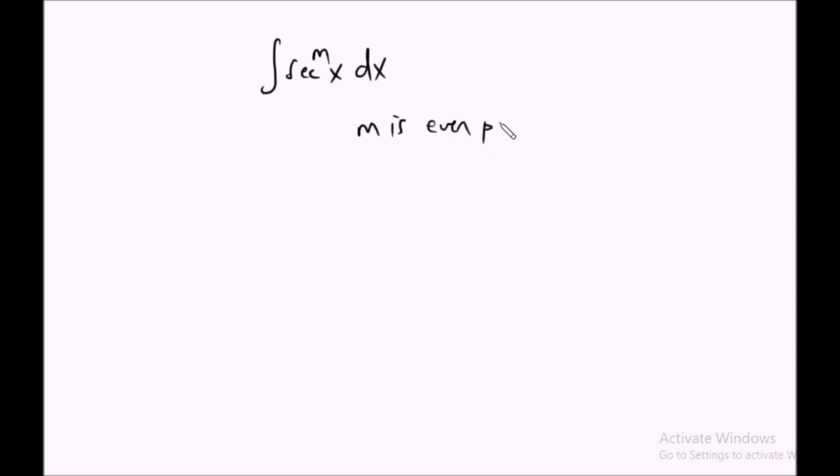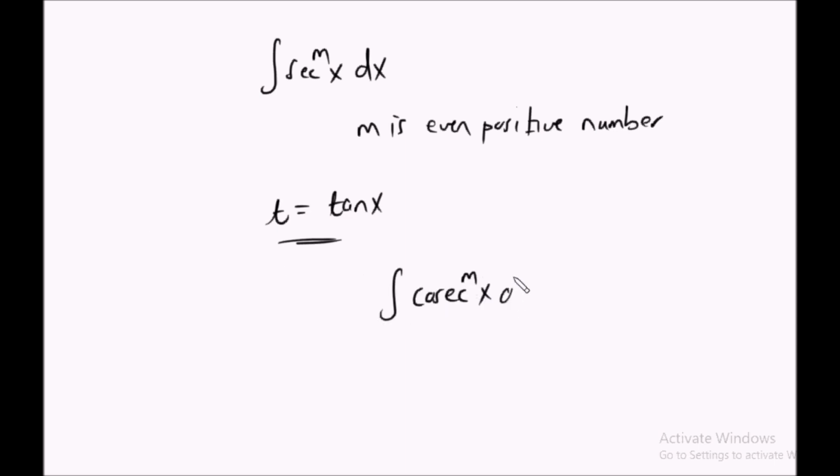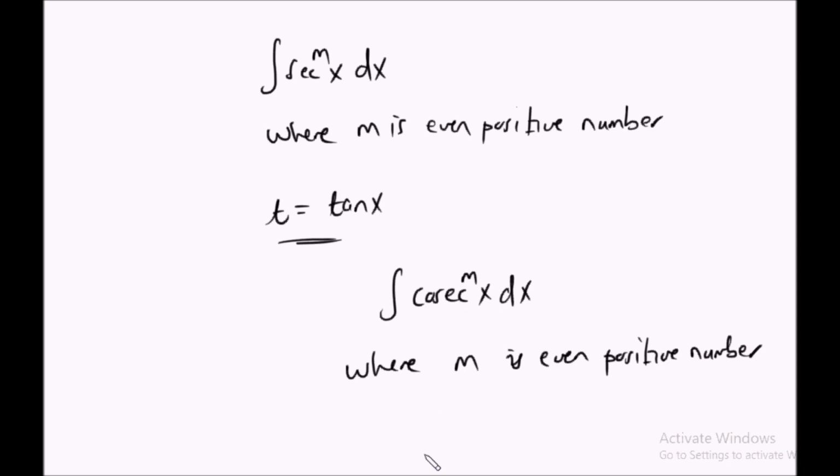Basically, just let t equal tan x, proceed, and you reach the end. We shall also do an example of this type. Or if you meet an integral of this type, cosec x power m dx, where m is an even positive number, you can also solve it by t substitution, just let t equal cot of x.